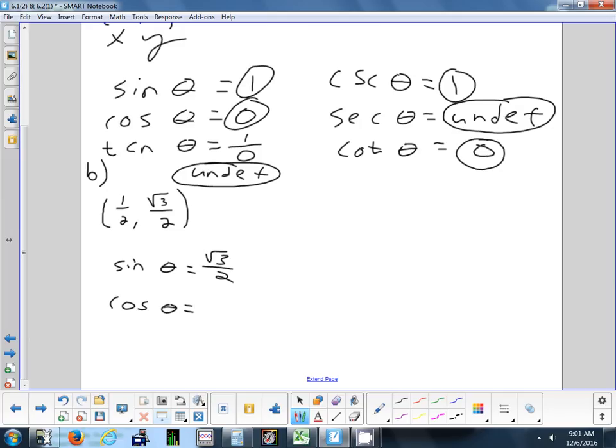Would be 1/2. And the tangent is y divided by x. And the way I visualize it, square root 3 over 2 is y. 1/2 is x. I just imagine putting a division line in right there, and that's tangent. What happens when you divide root 3 over 2 by 1/2?